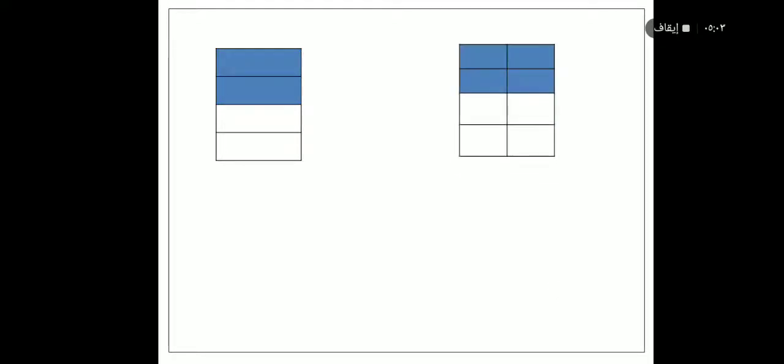Another example. In this rectangle, the shaded parts are 2 and all parts 4. The fraction will be 2 over 4. And the second rectangle, the shaded parts 4 and all parts 8.